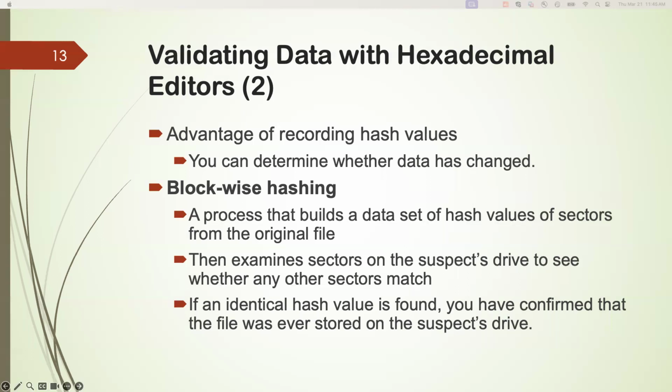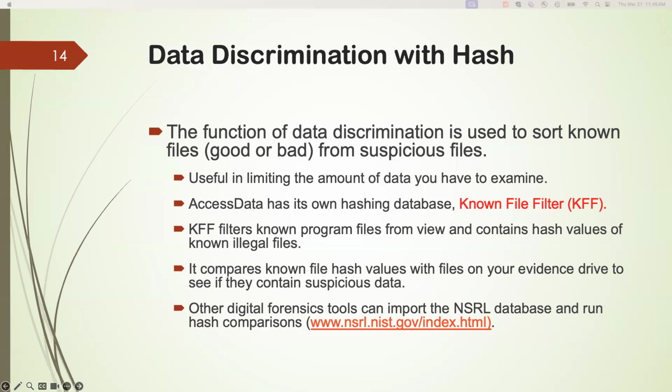If any of these block hashes and cluster hashes match, then we would know that at some point in time this suspect had the target file we were looking for, but later on might have deleted it. That's why we don't see the entire file, but we see the remnants of the file. So using blockwise hashing, you can find out whether the suspect had the target file at any given time, even if he or she might have deleted it.